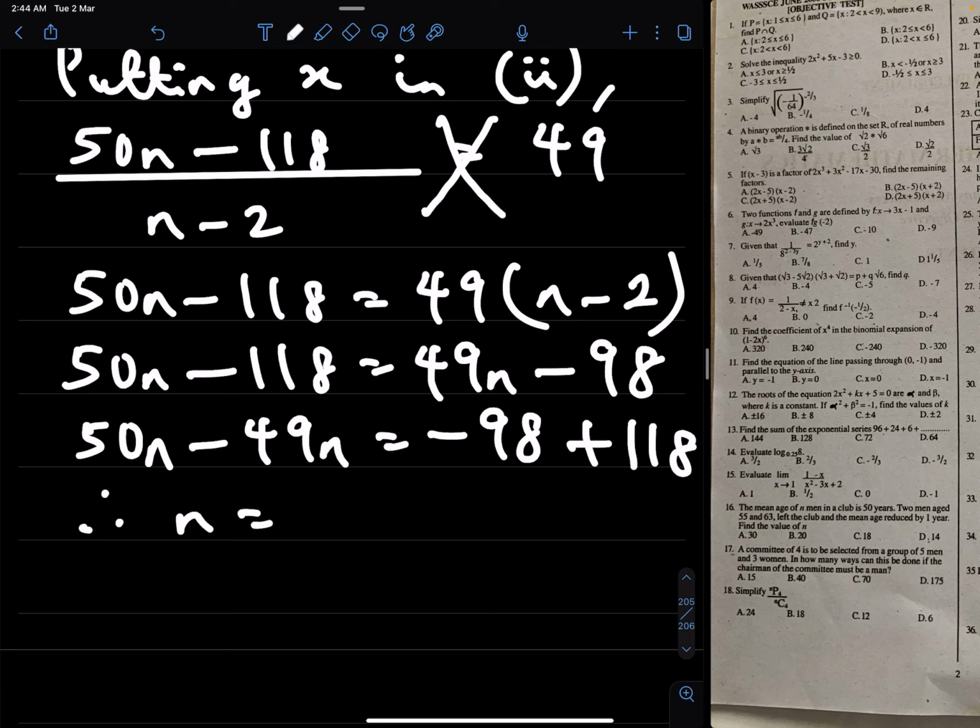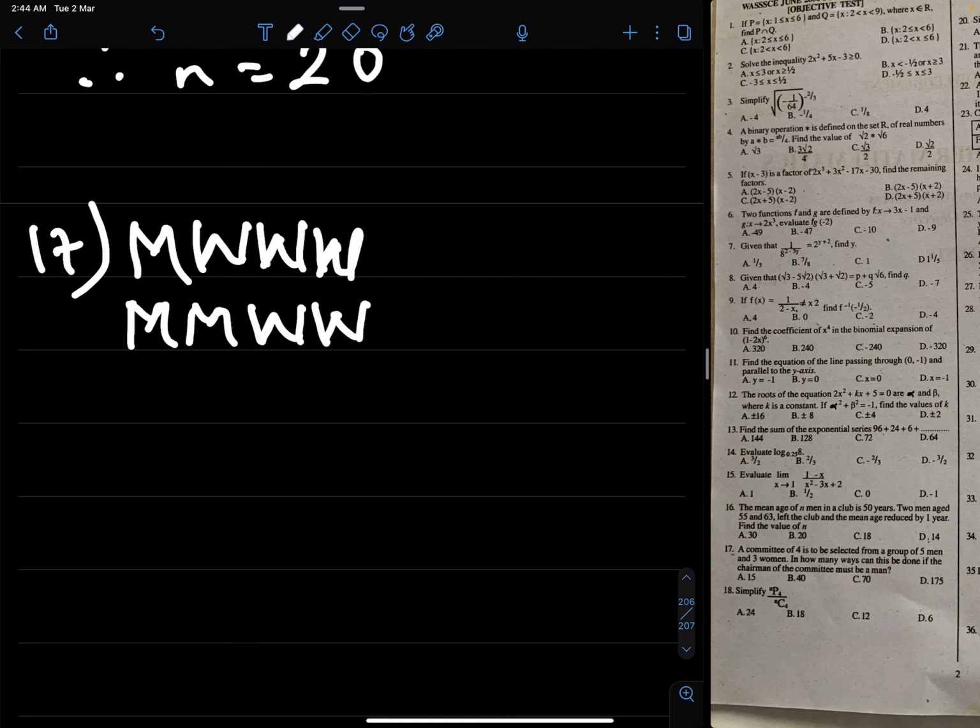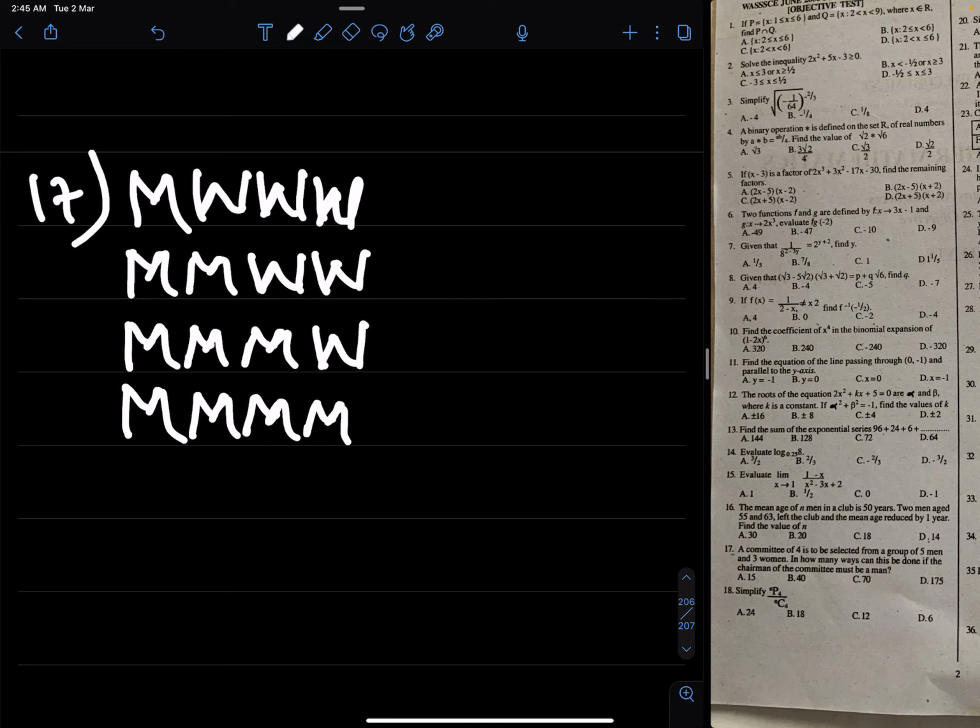This is simply like saying there must be at least one man on the committee.